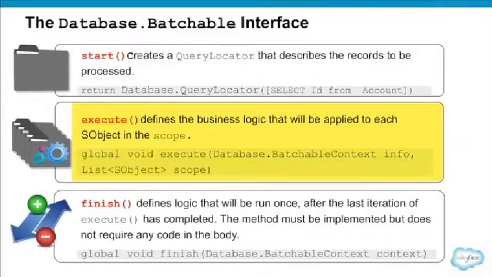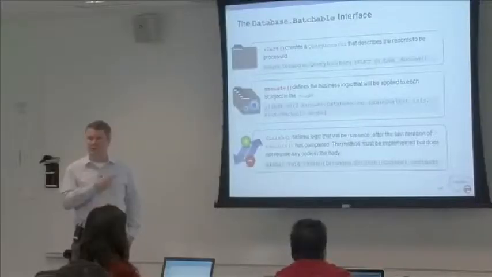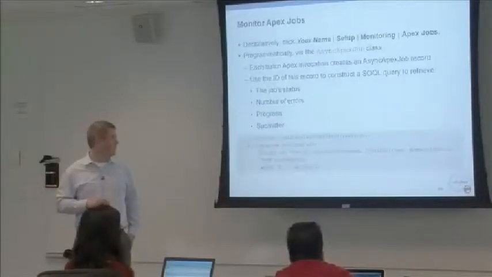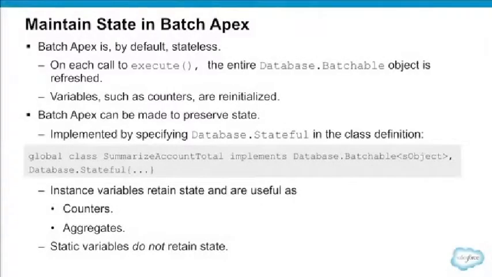If I want to do the aggregate, I want to count up a subtotal or something like that, how do I count the subtotal if I do a GC at the end of every single call to execute? That's where we'd implement the stateful interface, and now our instance variables in that batchable class will be available across executions.